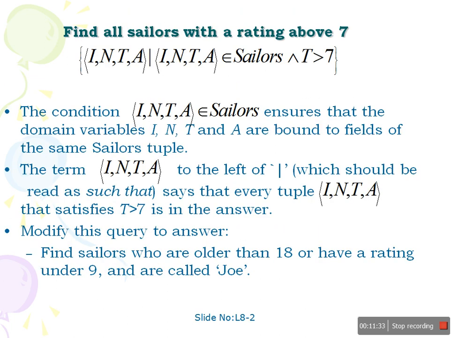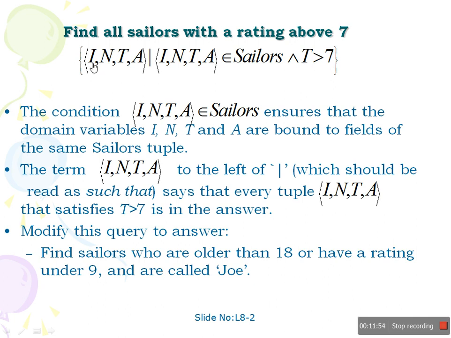So we will directly move into the example. Find all sailors with a rating above 7. So in relational algebra, how are we going to write it? Such that S belongs to Sailors and S dot rating greater than 7.